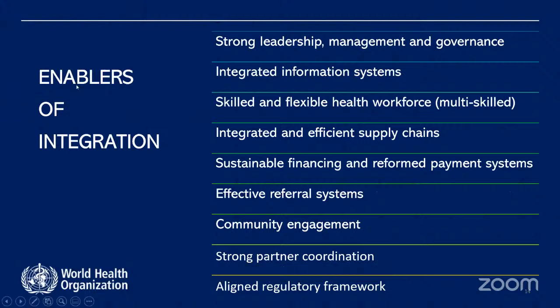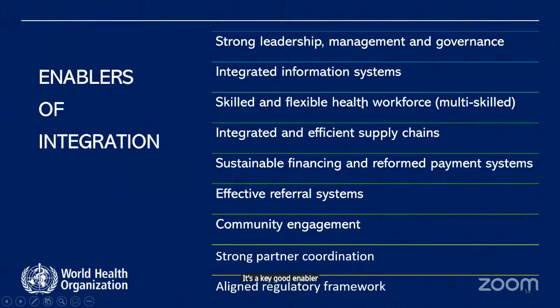What are some of the enablers of integration? This is just a few. The list is not exhaustive. We have strong leadership, management, and governance as a key enabler of integration. We have also mentioned information systems when integrated. It's a key enabler.